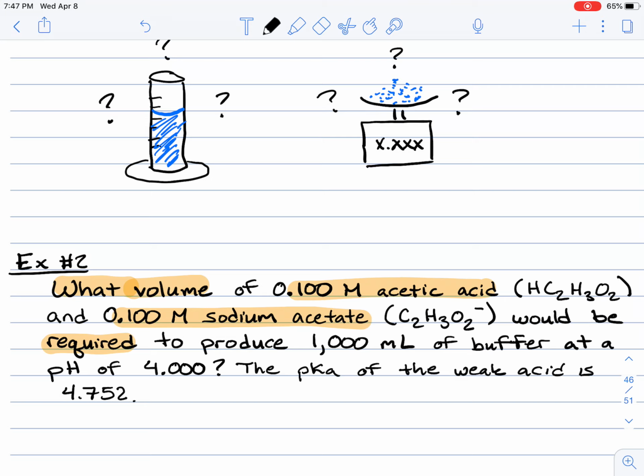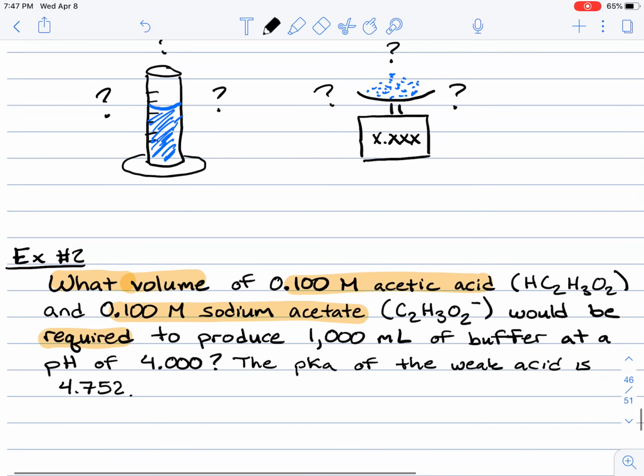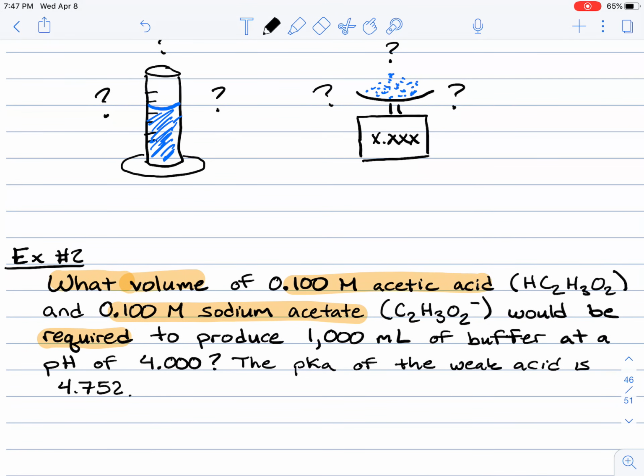The pKa of the weak acid is 4.752. So we're going to use this information and determine how much volume of the buffer we are going to measure out to create a 1,000 milliliter buffer solution at a pH of 4.000.